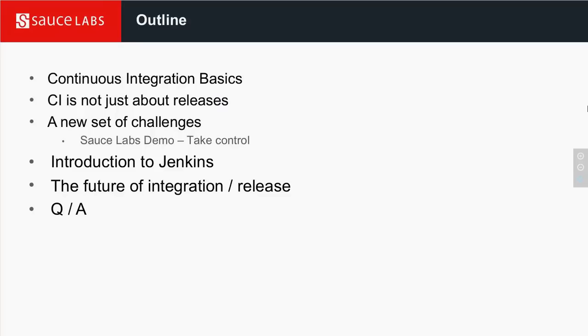So we'll do some basic definitions on what CI is, how CI extends beyond releases, changing the impression of what the technology does for organizations. I'm going to look at a new set of challenges, and then I am between you and some great demos and conversations about two of my tools that I really like, Sauce Labs and Jenkins. And then finally, we'll go into the extra credit for CI and some Q&A.